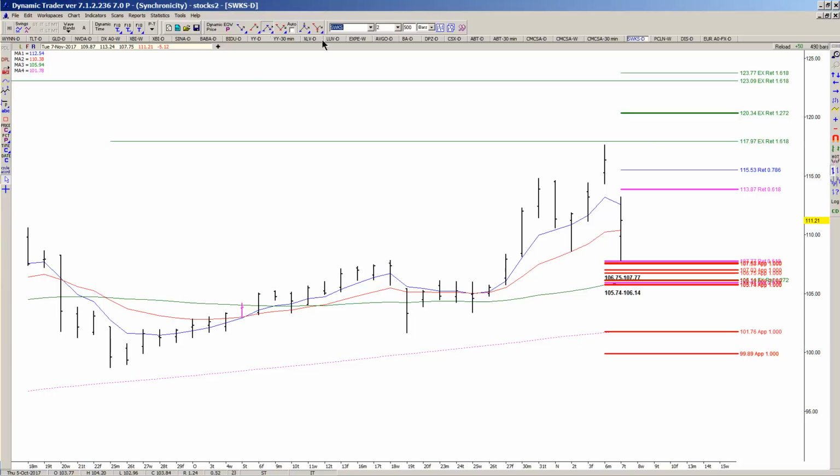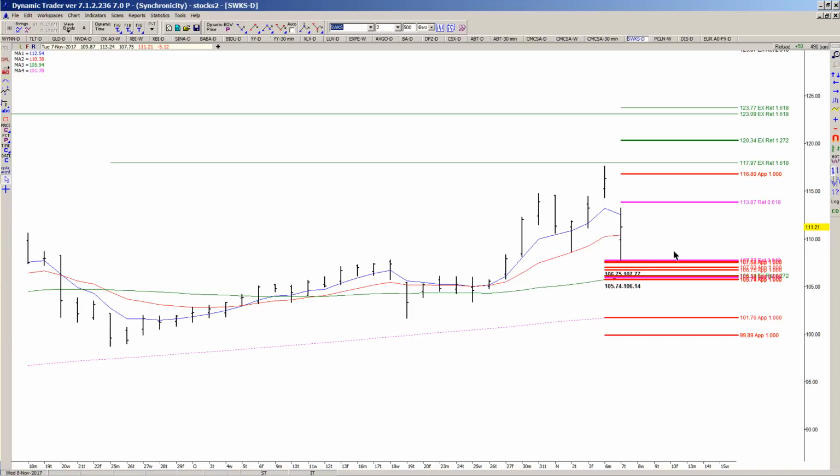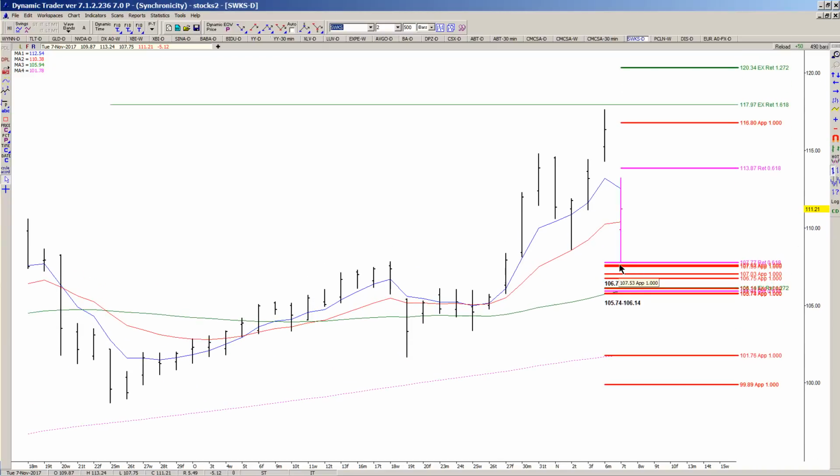And then we also want to watch the hurdles on the way up, and the first hurdle that I'm really concerned about is going to be the 61.8% retracement at this 113.87 area. The next decision after that does come in at the 116.80 area. Okay, but ideally, if we do continue to hold above this last low, my initial upside target is the 120.34 area.